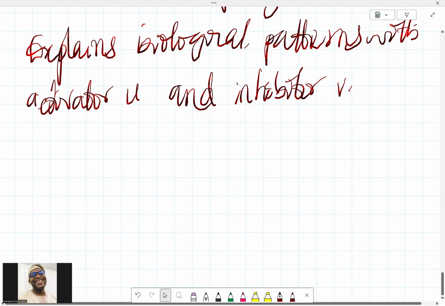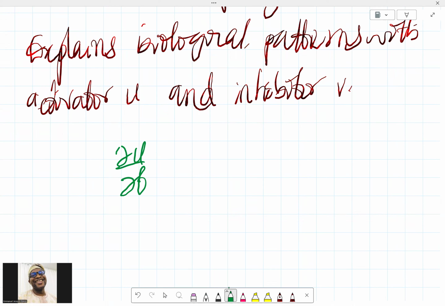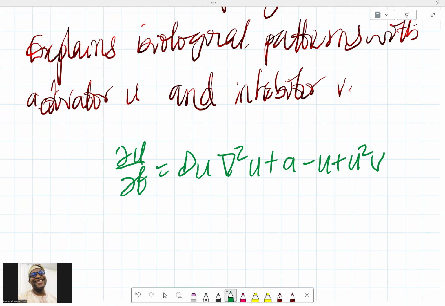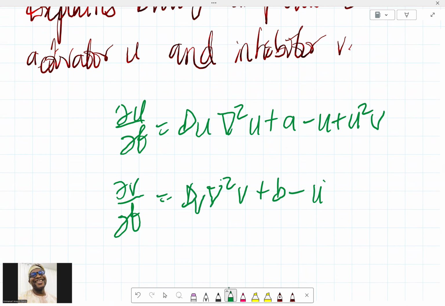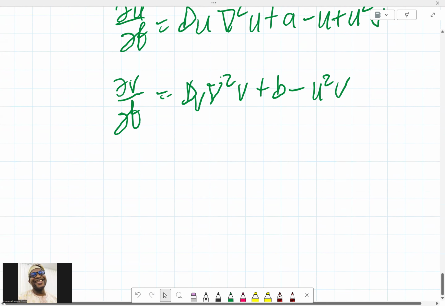The equation is something like this: partial U partial T equals du grad squared U plus A minus U plus U squared V. And then partial V partial T equals dV grad squared V plus B minus U squared V.